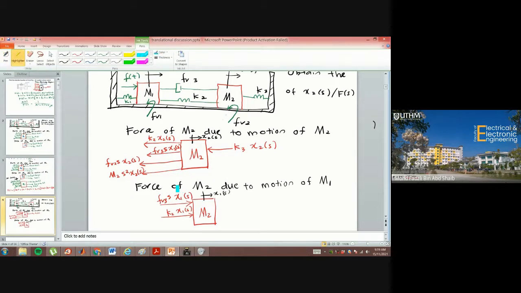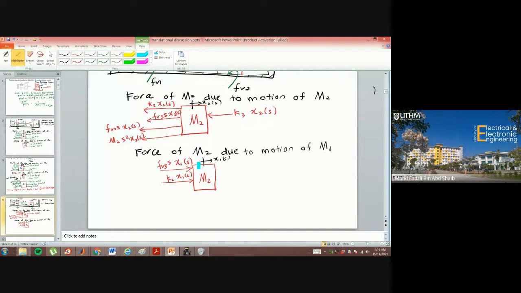This one, FV3 times S X1S, and K2 times X1S. So now we add all the forces.